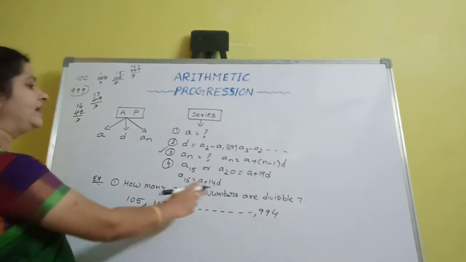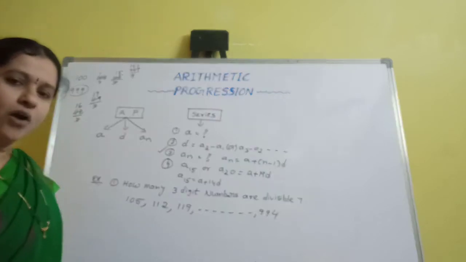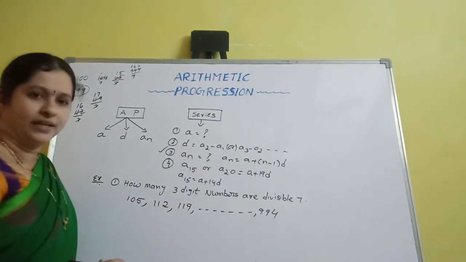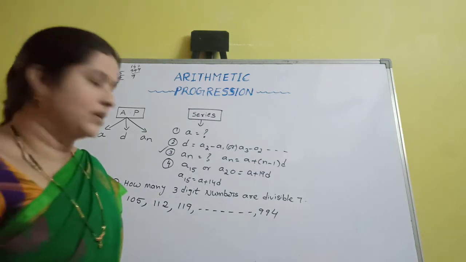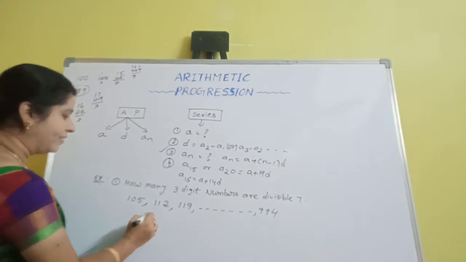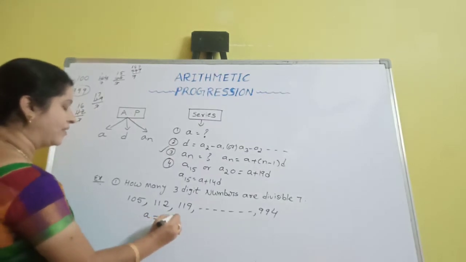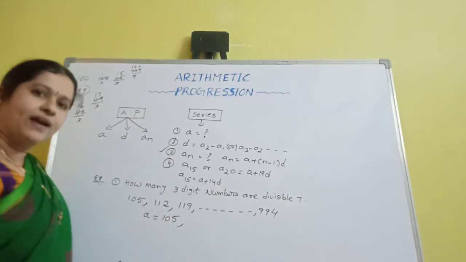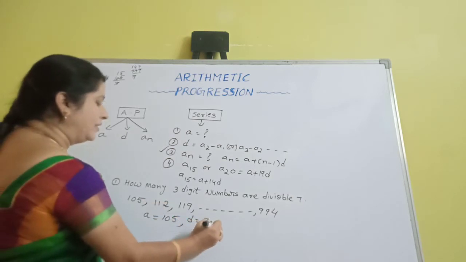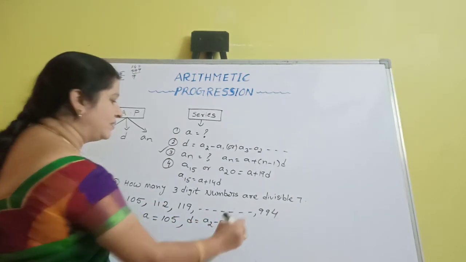So how many 3-digit numbers are there? How many numbers means you have to find the n value, the number of terms in the series. We already got the a value, which is 105. The d value, the difference between two terms, d equal to a2 minus a1, equal to 7.